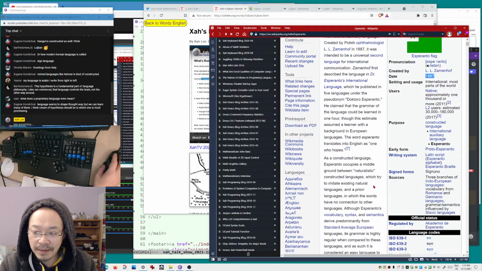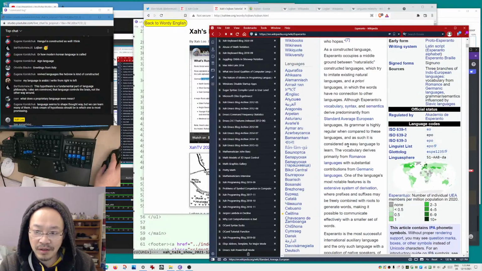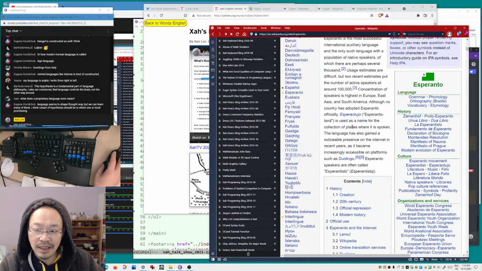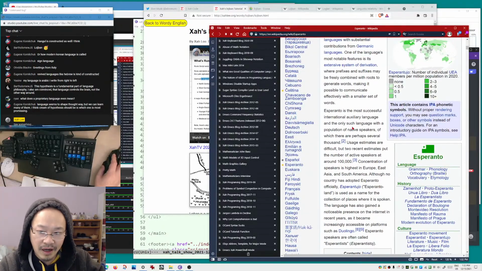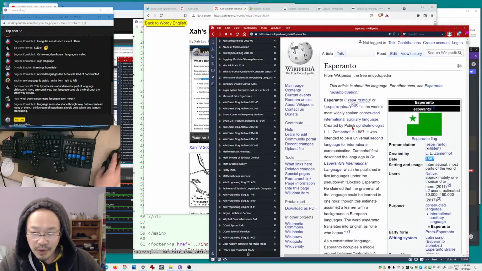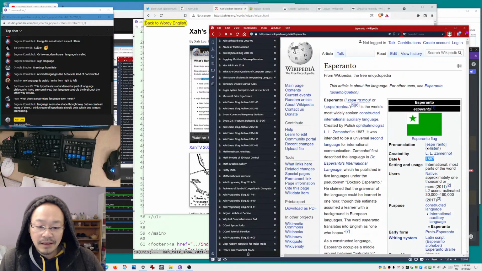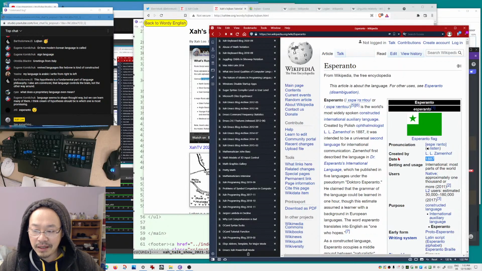If you read Wikipedia, you'll easily start to find lots of others. But Esperanto is the most famous and the most successful constructed language. It began in 1887, and it was created by a bunch of scientists, engineers, basically nerds.